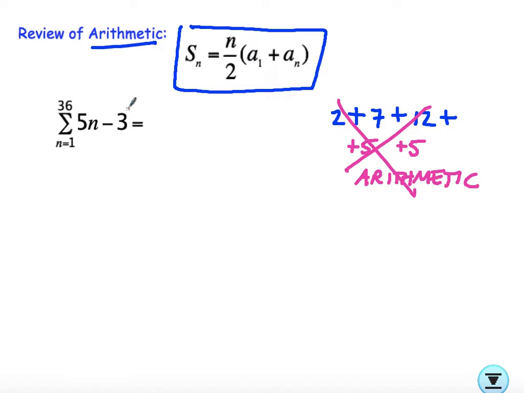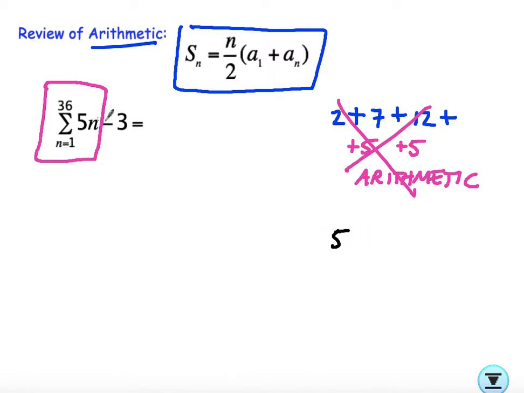There's no parentheses around it. So the summation only applies to the 5n, and then the minus 3 should be kind of left toward the end. So if I'm looking at my first few terms, if I plug a 1 in here, my first term in the summation would be a 5.